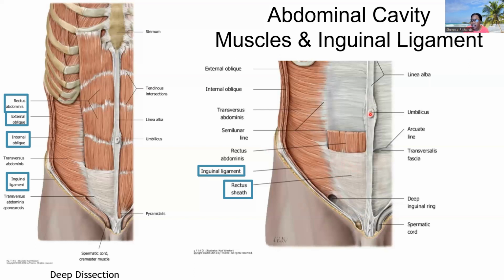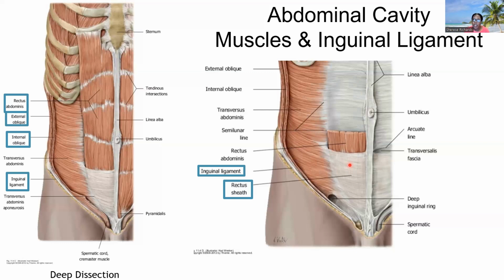The rectus sheath is another important sort of fibrous connective tissue structure. This is the structure along the midline of the abdomen. It's going to help to invest the rectus abdominis muscle. So it's going to be wrapping all around this muscle and also helping to reinforce the integrity of the abdominal wall. Again, preventing things like hernias or bulging of the intestinal contents if there's any high pressure abdominal activity.